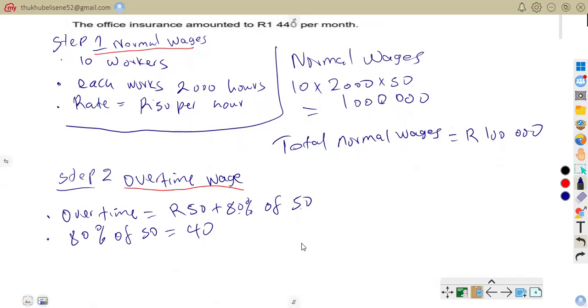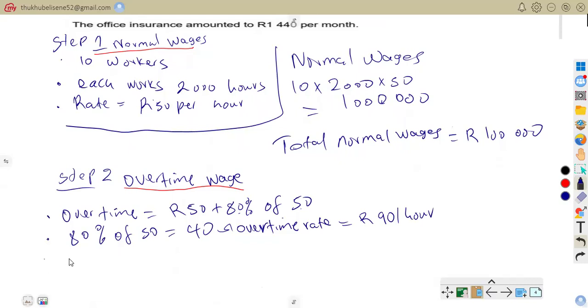So it means now 40 is our overtime rate, which is going to equal to 90 Rand per hour. So that is that.